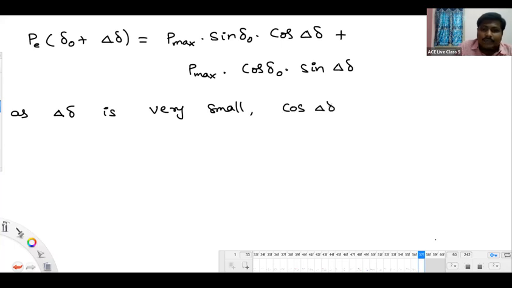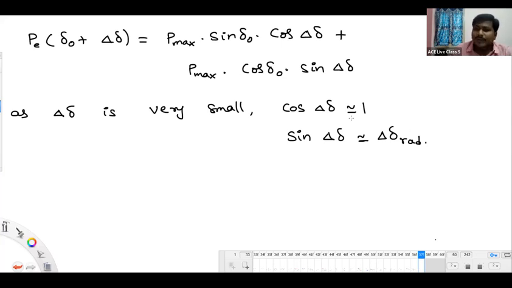Cos delta delta, we are going to take as 1. Sin delta delta will be delta delta in terms of radians. Cos delta delta is close to 1.